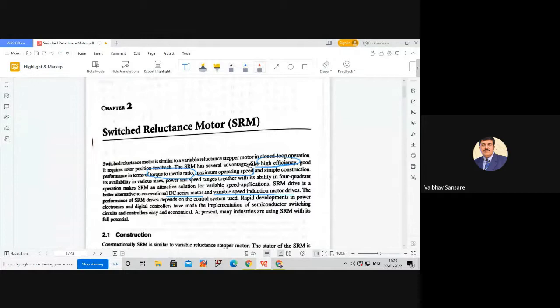Now, there is a rapid development in various controllers and semiconductor power electronic devices and components, and that has made the implementation of semiconductor switching circuits and controllers possible at lesser cost. We have to excite the stator phases of this switched reluctance motor with the help of external DC excitation, and for this purpose we use one semiconductor switch in each phase.